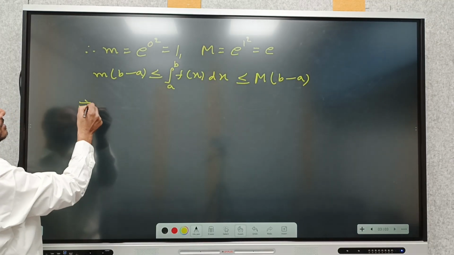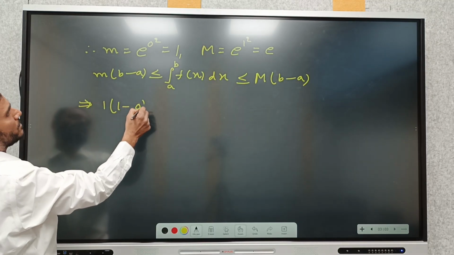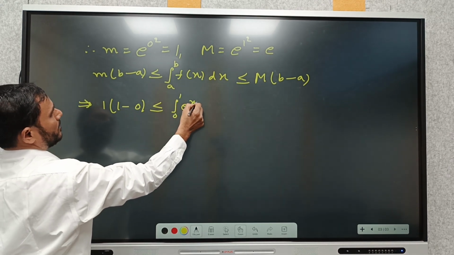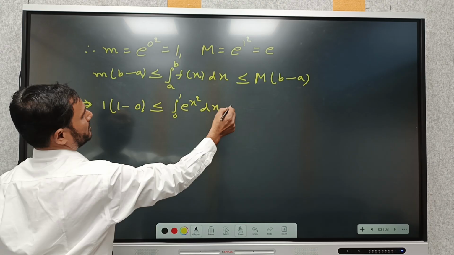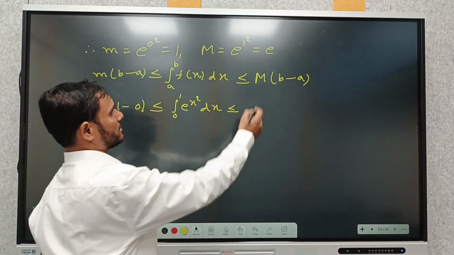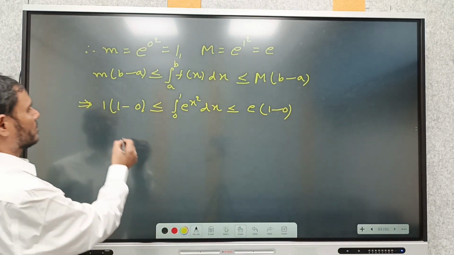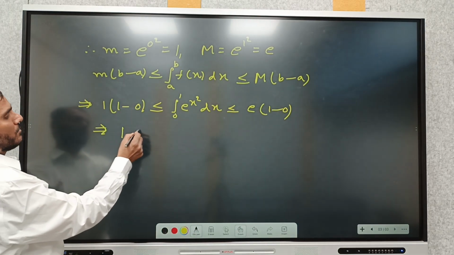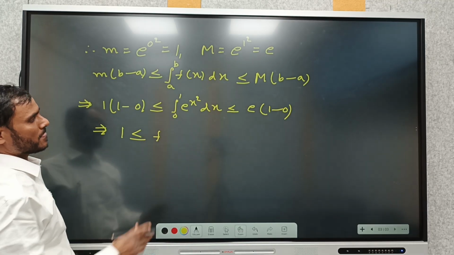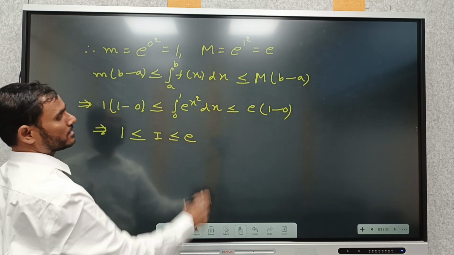Putting the value of m, it is 1 times (1 minus 0), and the integral from 0 to 1 of e to the power x square dx, and here the value of capital M is e times (1 minus 0). So our integral lies between 1 and e.